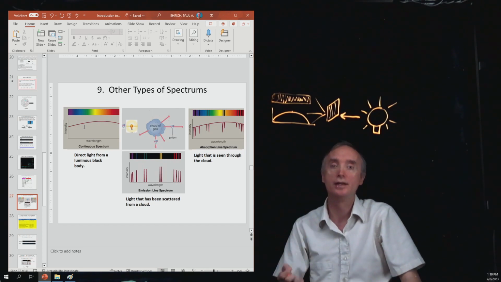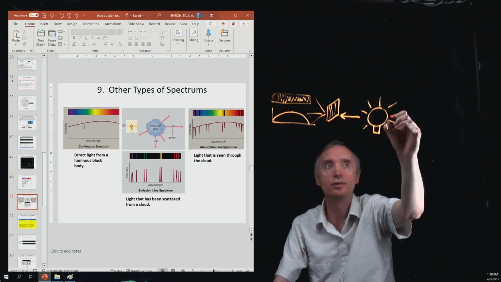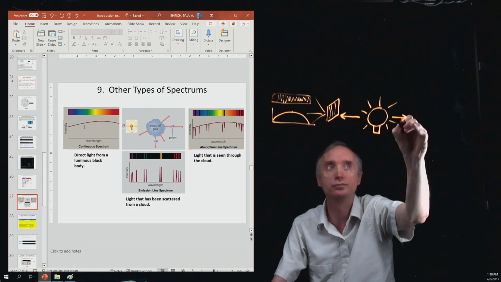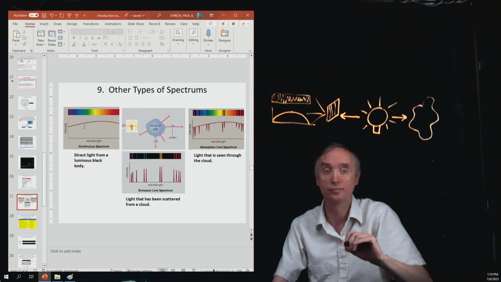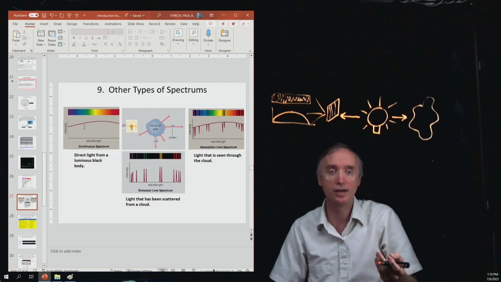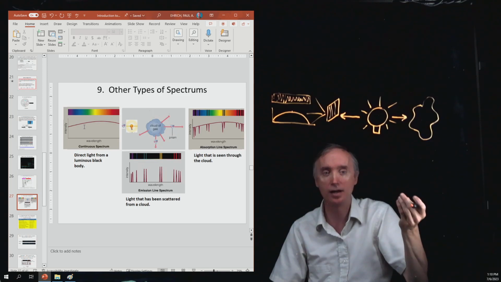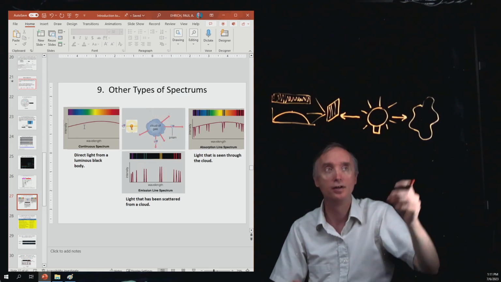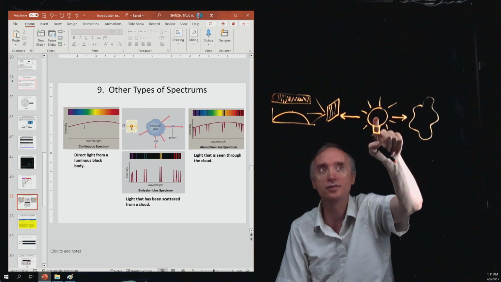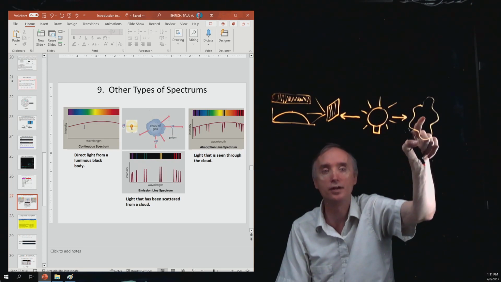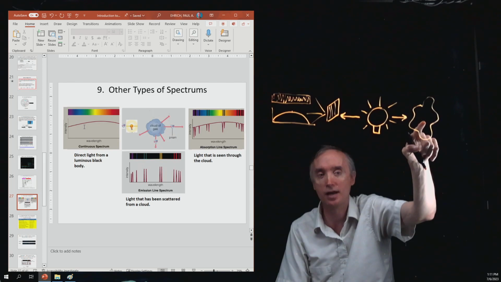All right, so let's now say that some of the light goes this way. Okay, it's going to go through a cloud of gas. I don't know what the cloud is made of, but it's made of some kind of gas. Now, certain frequencies of this light are going to interact with the atoms that make up this gas.